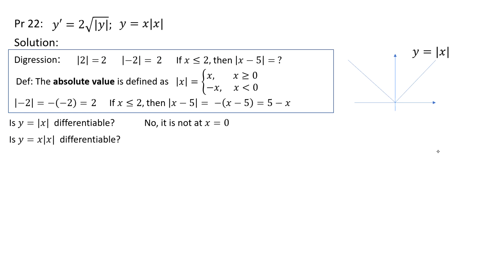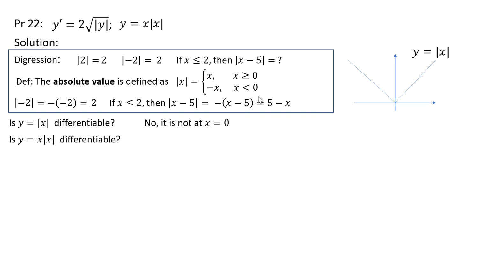But check this out. Use the definition. Definition of what? Definition of absolute value. What is the definition of absolute value? It is equal to x if x is greater than or equal to 0, negative x if x is less than 0. Use that definition.